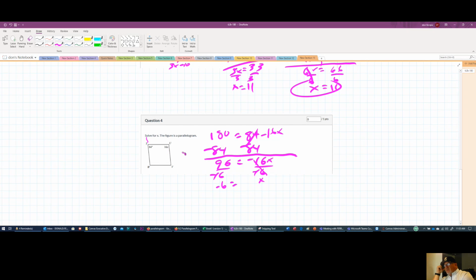So let's just double check it. X equals negative 6. Negative 6 times 16.